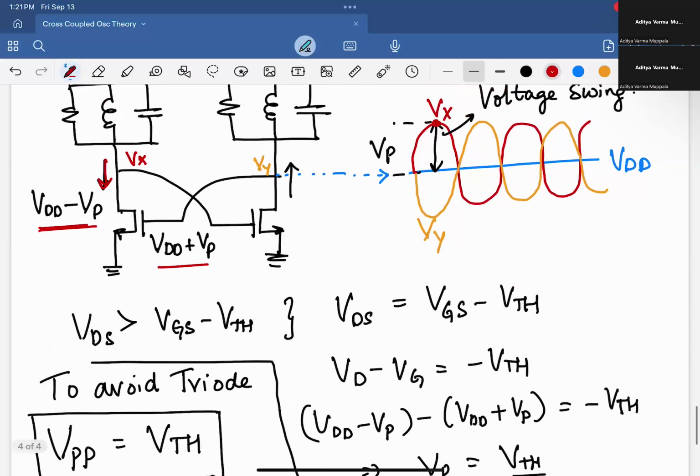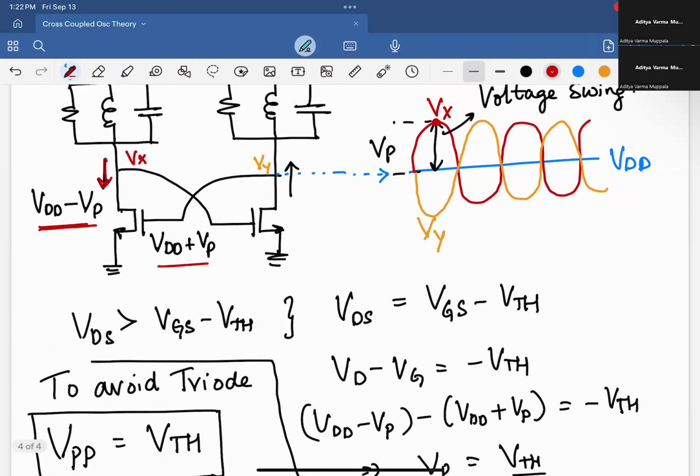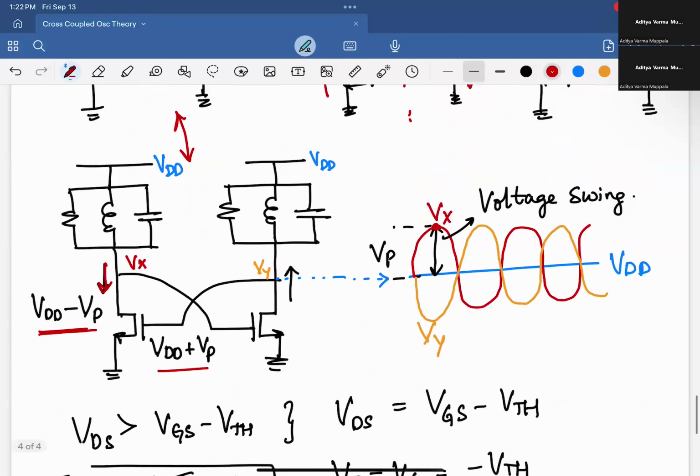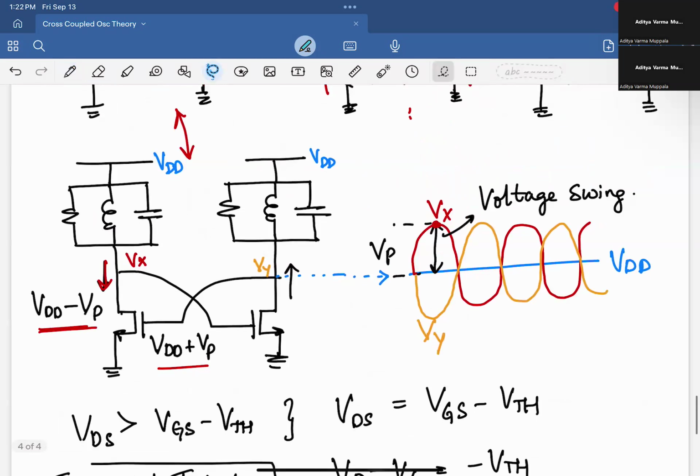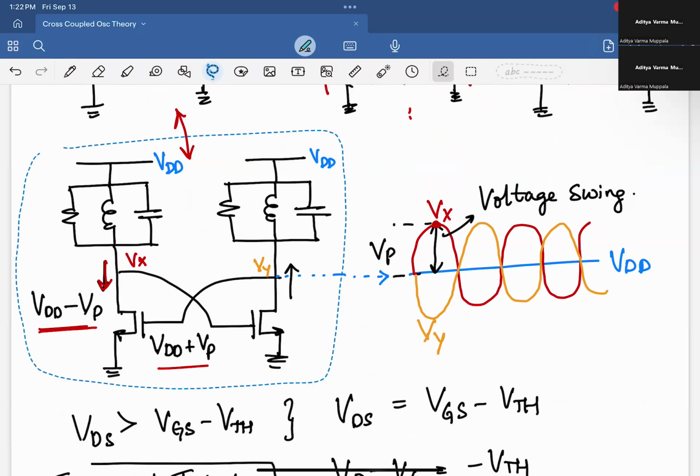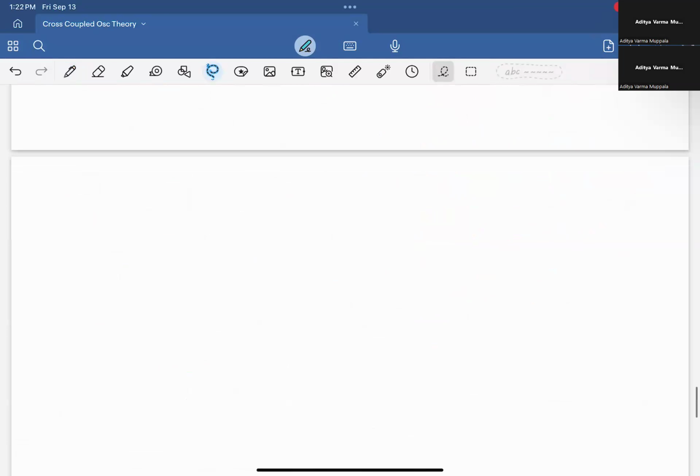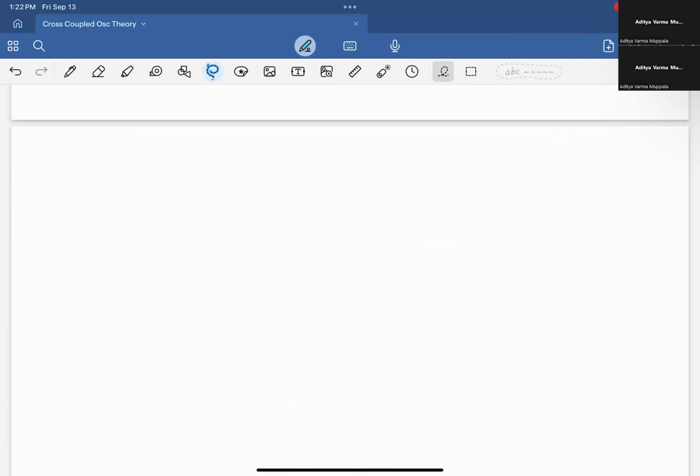So to actually make it well defined, what we will do is, let me actually copy this. So I'll use a fresh page.